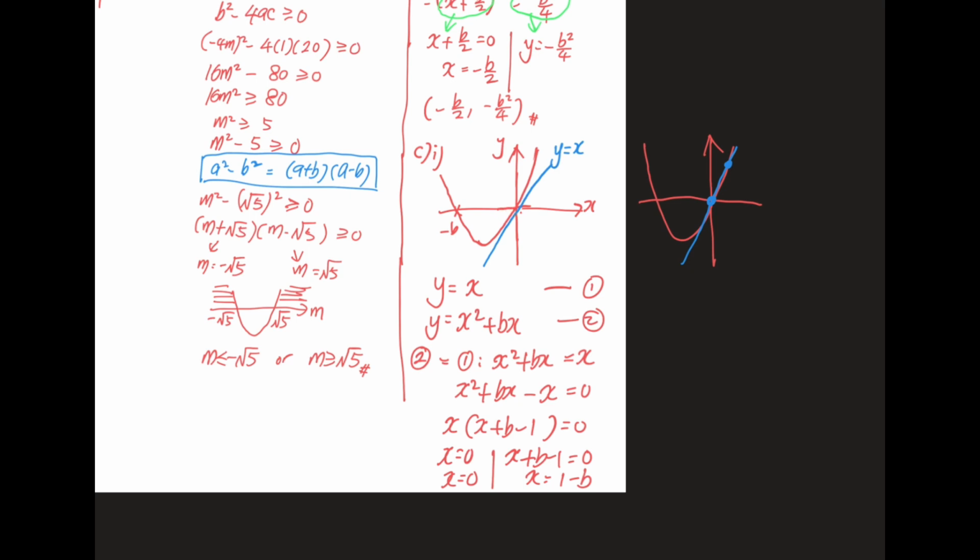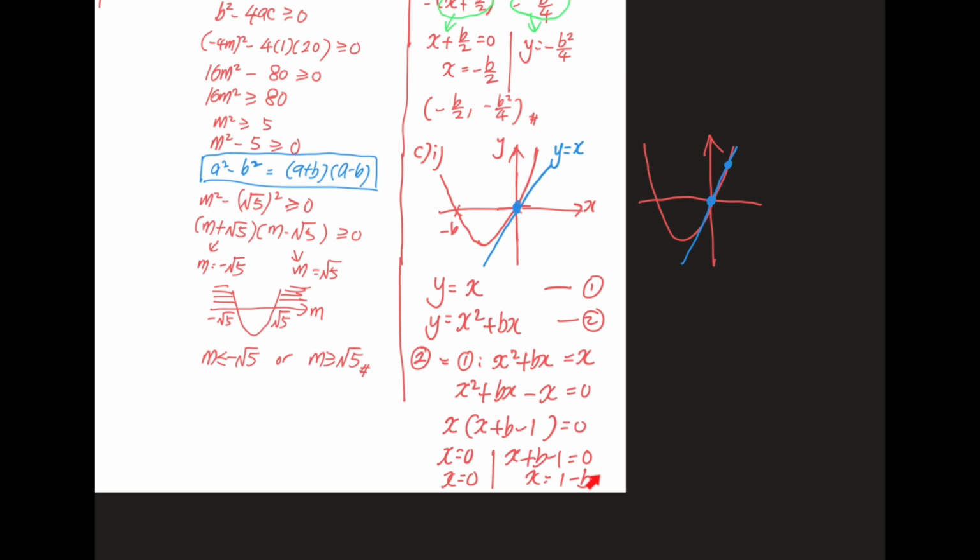There is also the case where we have only one intersection point, and this is possible if your b is equal to, let's say, 1. If your b is equal to 1, then you have two same x values. In that case, one intersection point.